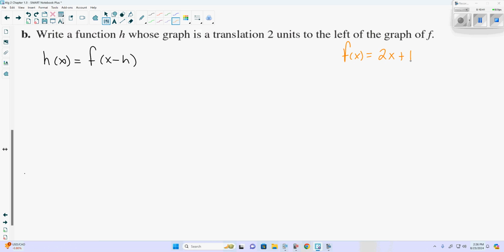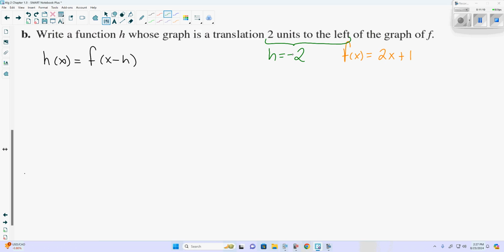So our movement for this one is 2 units to the left, which means our value of h is 2, yes? Now, will that 2 be positive or negative? It is going to be negative. Because again, what we said the last 2 days is that left and right is the opposite of what we think.